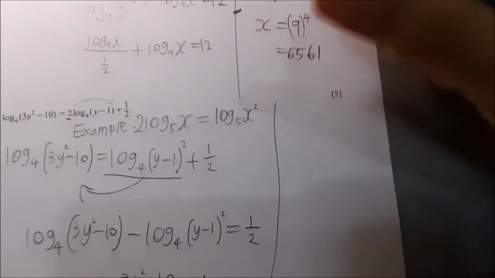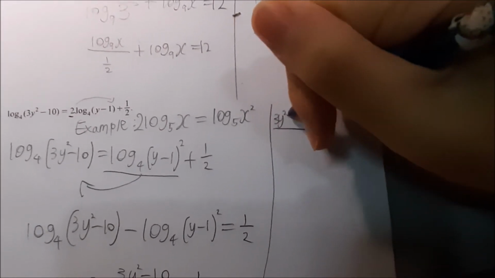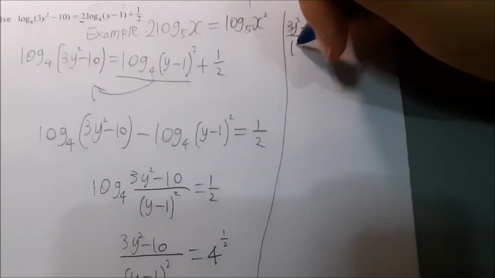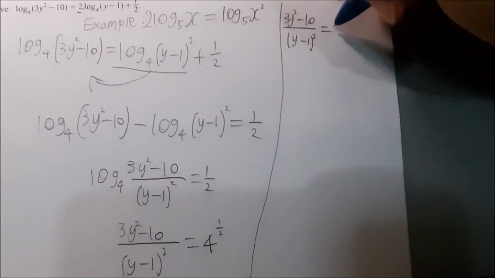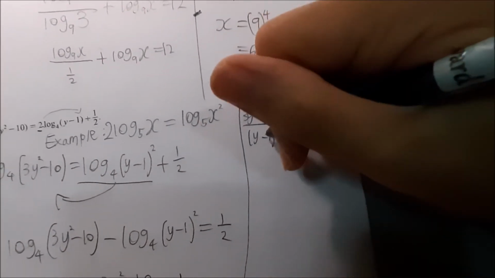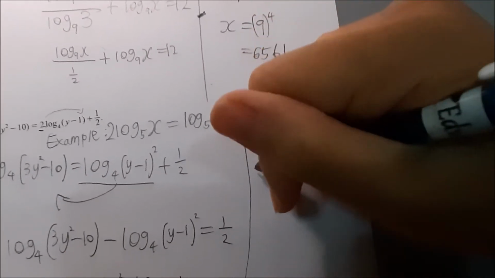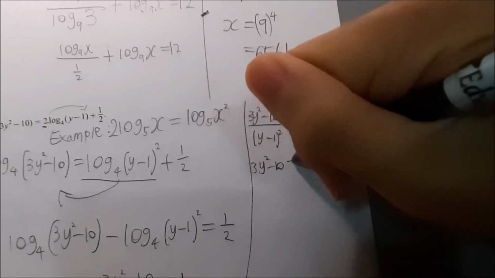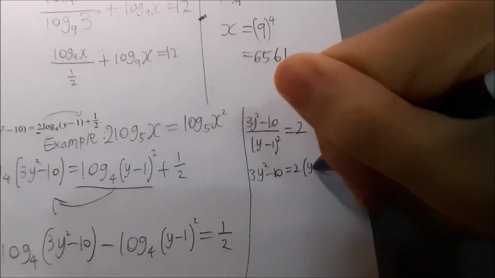And if I just rewrite the equation here, and then move the y minus 1 squared to the other side, it will become 3y squared minus 10 equals to 2 times y minus 1 squared.